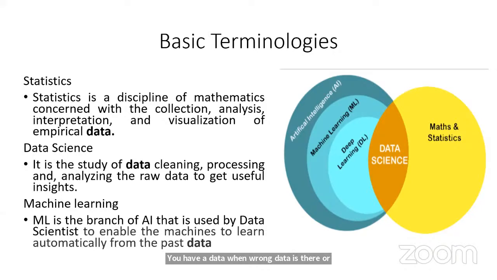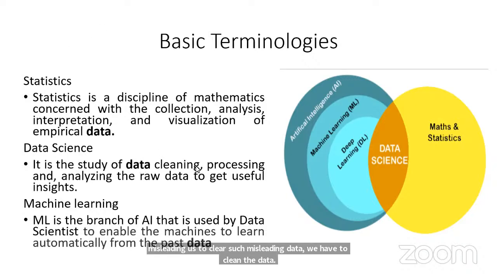Suppose someone has entered the age 500. There can't be the age 500, because like everyone knows, we can keep age from 0 to 100 or 120. We can't go up to 500. So such type of data are misleading us. So to clear such misleading data, we have to clean the data.